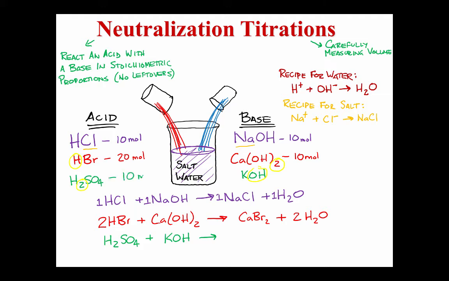Now, if I had 10 moles of acid, I would need to have twice as many moles of base to neutralize it. We'll see this ratio in the balanced equation. What salt do you think will form in this reaction? Correct. It's potassium sulfate. In addition, this reaction makes 2 moles of water. So here we have 3 different examples of neutralization reactions.